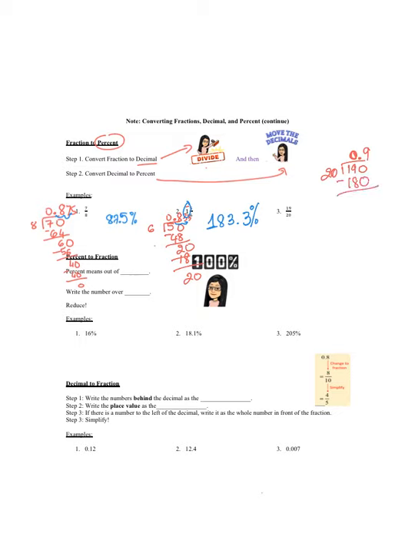19 minus 18, 1. Borrow 0. 100 divided by 20. 10 divided by 2, you got 5. 5 times 0 is 0. 5 times 2 is 10. So 0.95, but I need it in percentage.